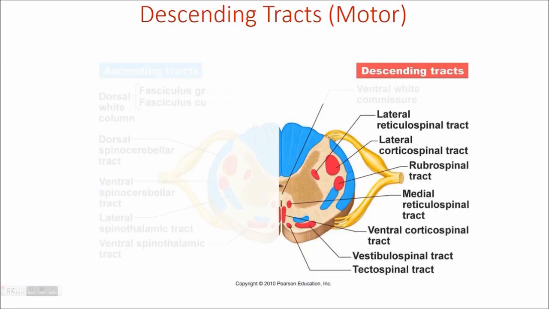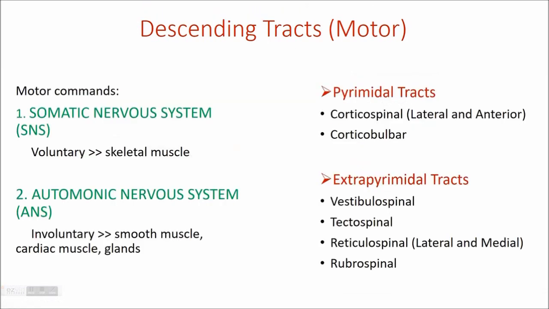Now, the descending tracts are a little bit different than the ascending tracts. Descending tracts are shown here in the red. And again, it's bilateral, so whatever you see on one side, you see the same on the other side. And we have several descending tracts that we'll discuss. There are two systems that receive motor commands.